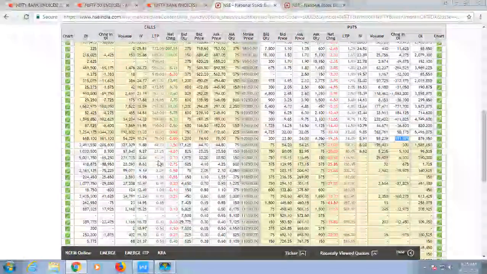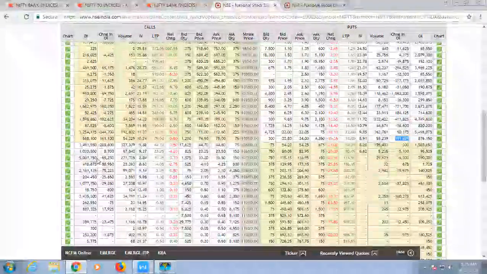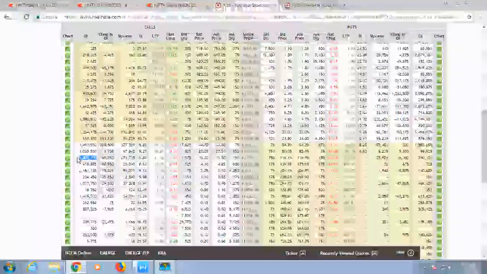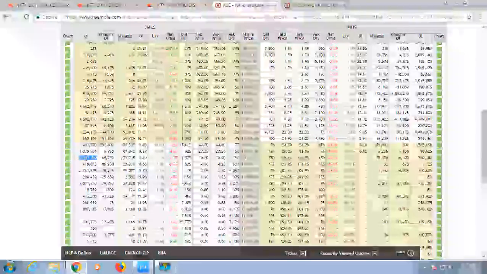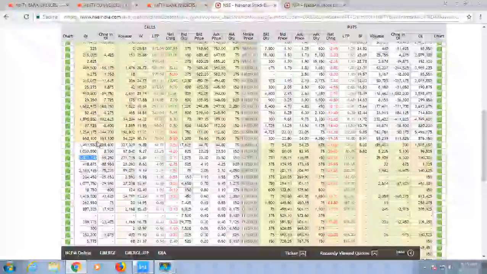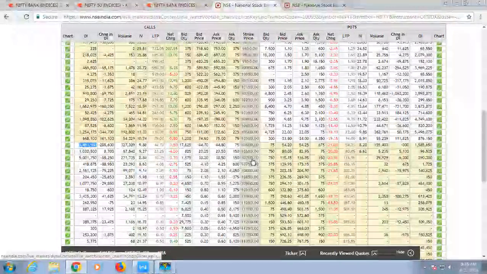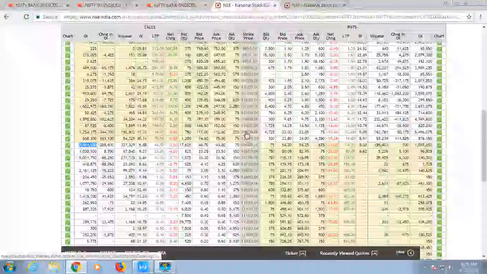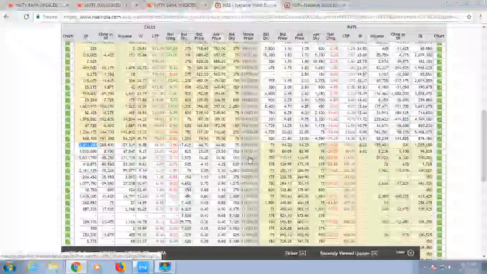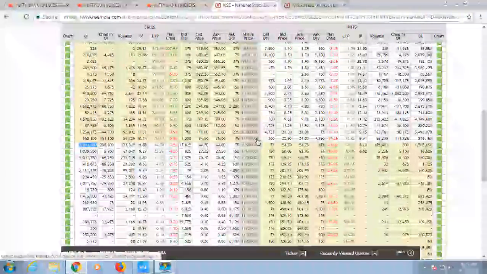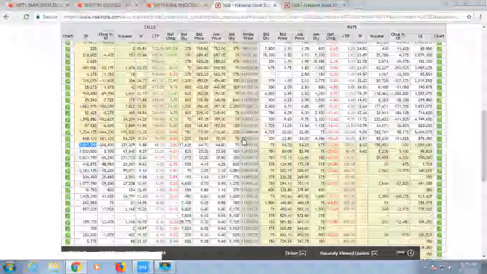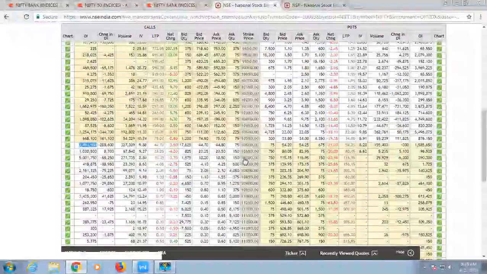Now time to check the call. Now see the call, that is 10,700 has maximum open interest, then 10,600. So we can say the Nifty has a range between 10,500 to 10,700. A very narrow range, Nifty has 10,500 to 10,700.